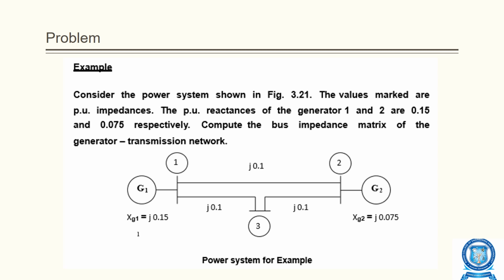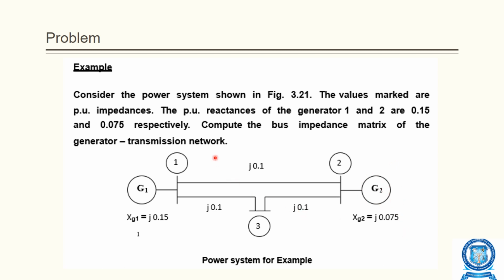In this given power system, you have three buses: bus 1, bus 2, and bus 3. Bus 1 is connected to the second bus and third bus, the second bus is connected to the first and third, whereas the third bus is connected to 1 and 2. Again, bus 1 is connected to generator 1 and bus 2 is connected to generator 2.